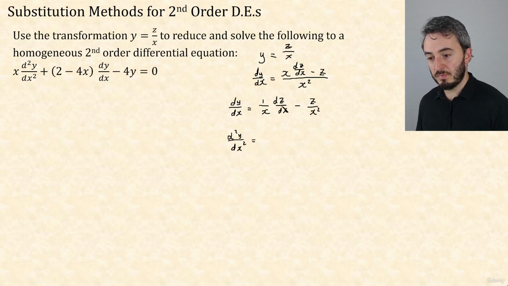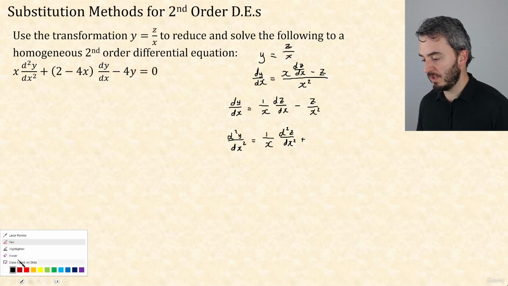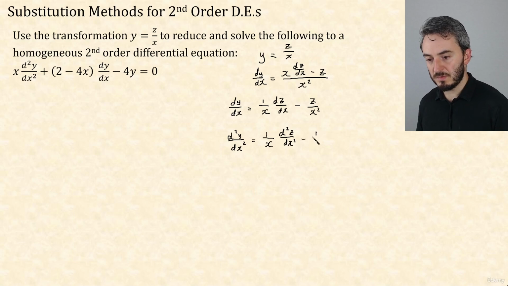So, product rule here, uv dash, and luckily I'm differentiating with respect to x, which means that is just the second derivative of z, plus u dash v. When you differentiate 1 over x, I get minus 1 over x squared. So that's minus 1 over x squared dz by dx.